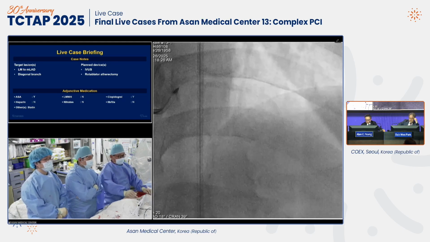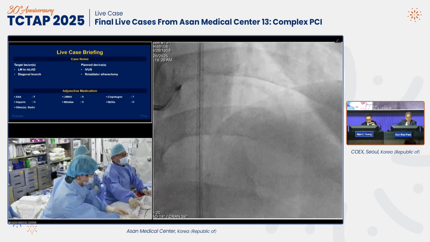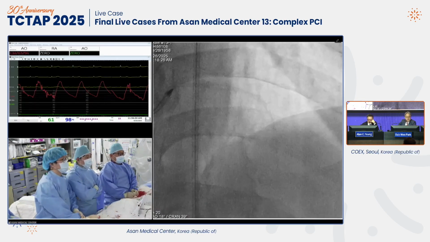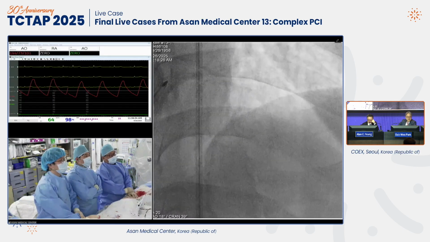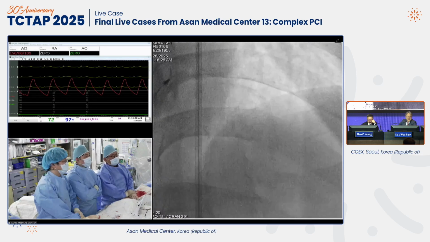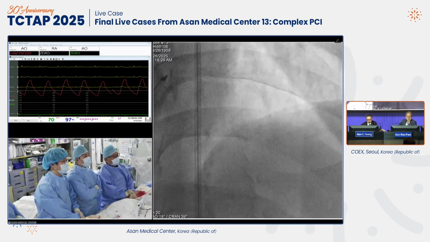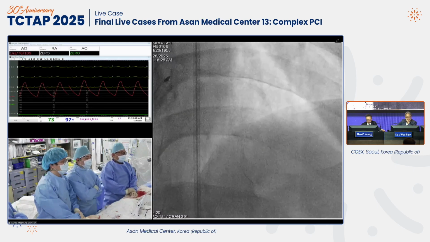So we are ready for rotablation. You already passed the wire to the LAD. Did you use a primary wire, or you have to use a regular wire in exchange for the rotablator wire? Yeah, exchange after the regular wire successfully crosses the lesion, and change to the microcatheter, and then this is the extra stiff rota wire.